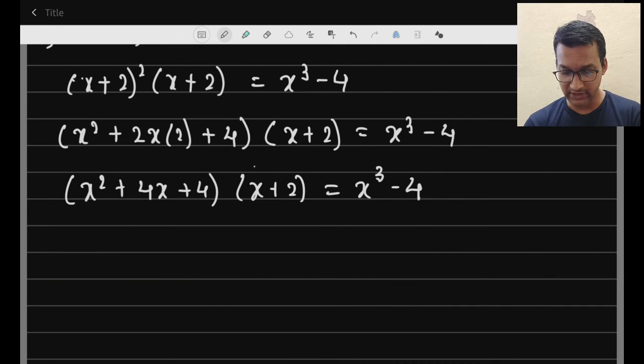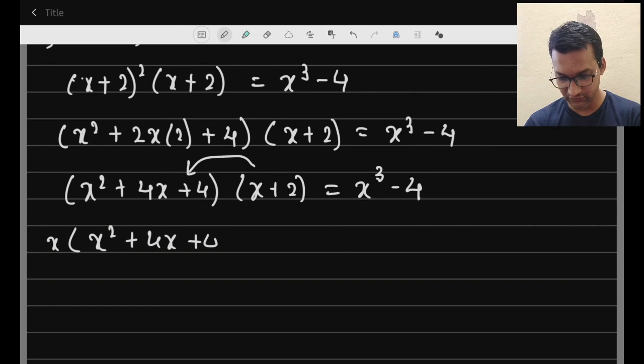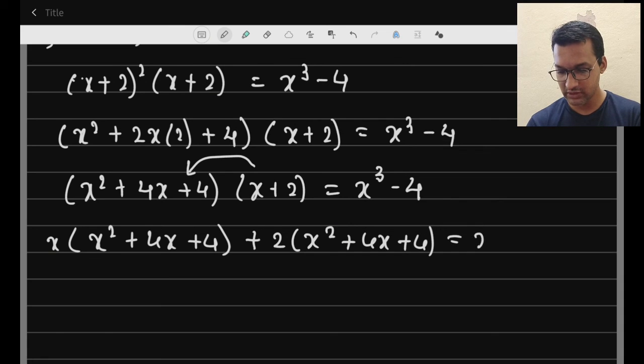Now these are two brackets and we will multiply the two brackets in the same way. How? First we will multiply x to the whole of this bracket, x into x square plus 4x plus 4, and then plus 2 into whole of this bracket, again x square plus 4x plus 4, is equal to x cube minus 4.